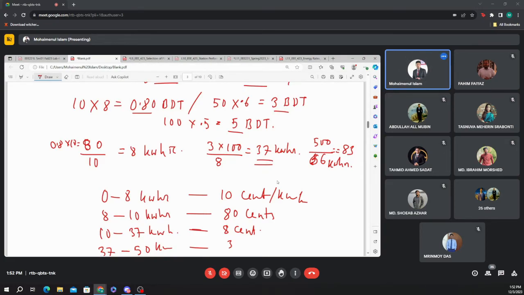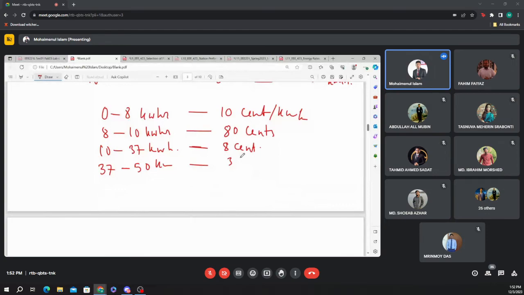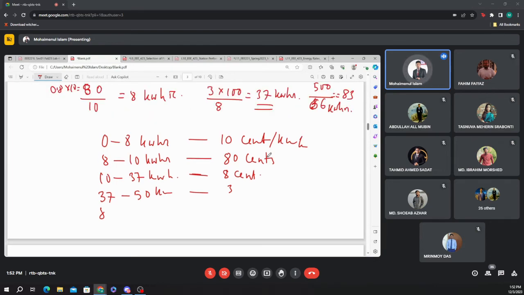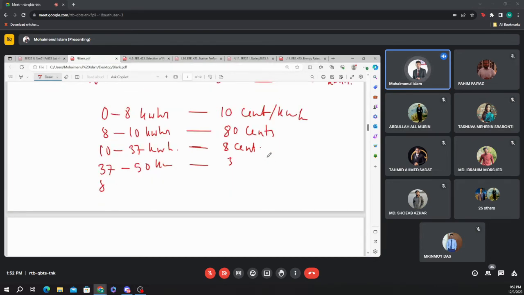And for further, it is from 50 to 83. It was 83, yes. So 50 to 83 kilowatt hour, the rate is revised.